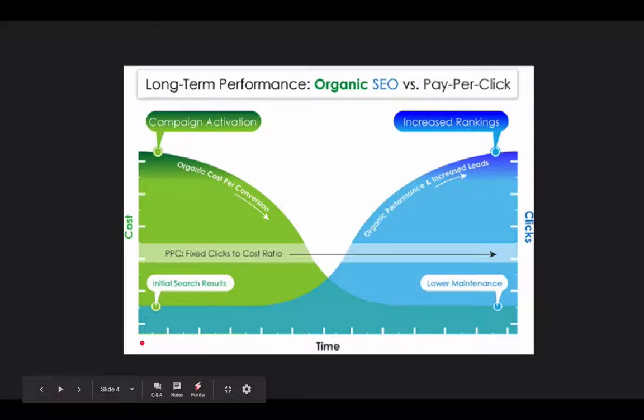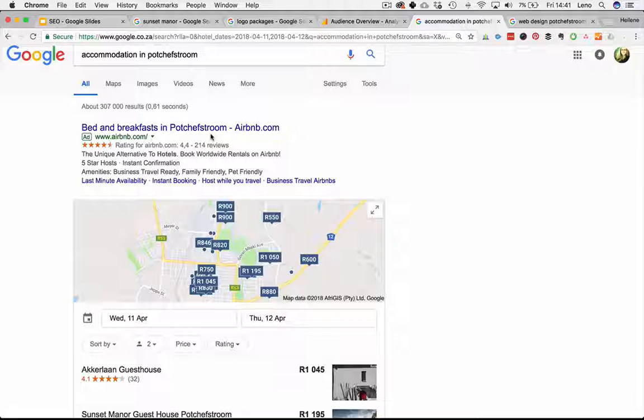Once it's activated, you'll see it will immediately show on a search. But as the budget runs out, it's going down and it will eventually not exist. Although it's showing here, it does not exist. Once the budget is out, there is no showing up in the search engine.